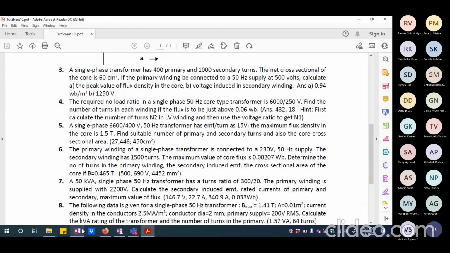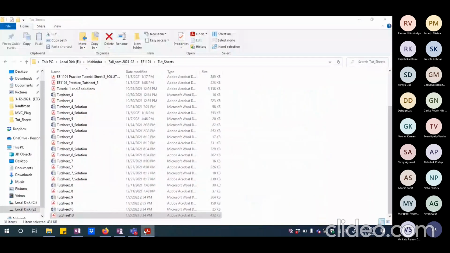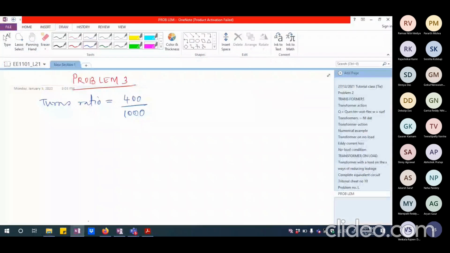And it is written that the net cross-sectional area of the core is 60 centimeters square. So I can write the cross-sectional area of the core is 60 multiplied by 10 power minus 4 meter square.